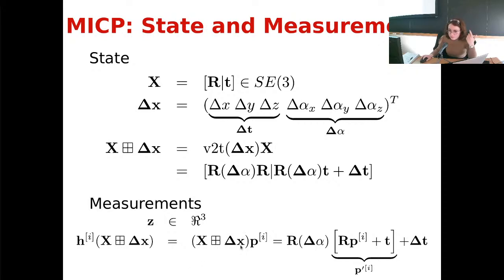Differently said, multiplying p_i by the state x allows us to predict the position of p_i in the robot frame.